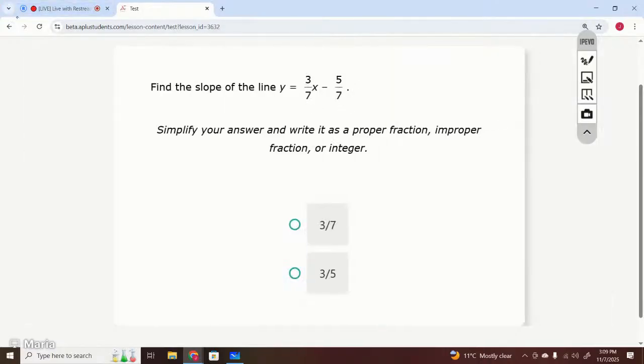Option number 1 is the correct option. Find the slope of the line y equals 3 by 7x minus 5 by 7. The slope is 3 by 7. Option number 1 is the correct option.